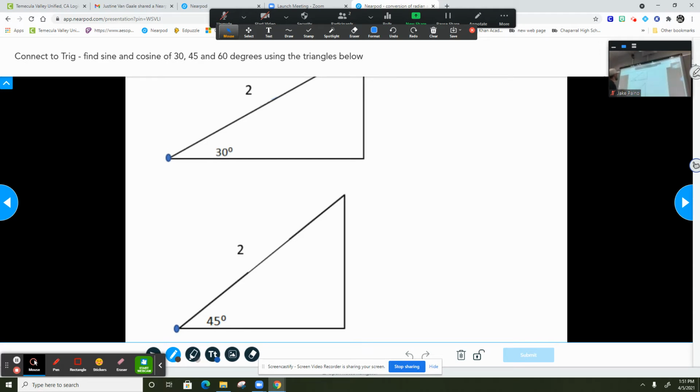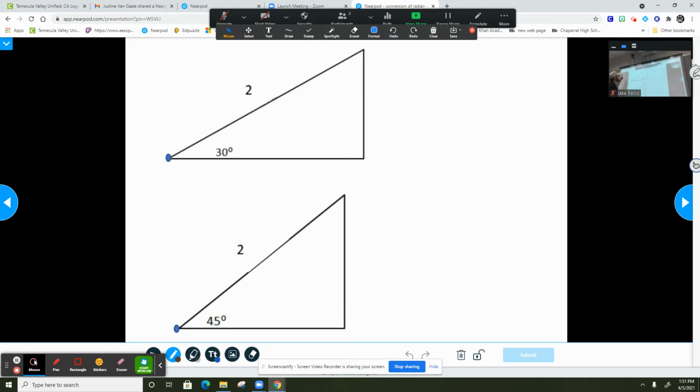All right, so same idea here. Now the hypotenuse is 2. So what are we going to get here? Okay, so here, the side opposite 30 is 1. The side opposite of 60 is rad 3. So if I do cosine of 30 degrees, let's start with 30 degrees, that is rad 3 over 2.